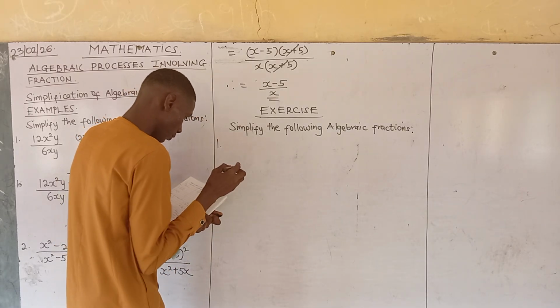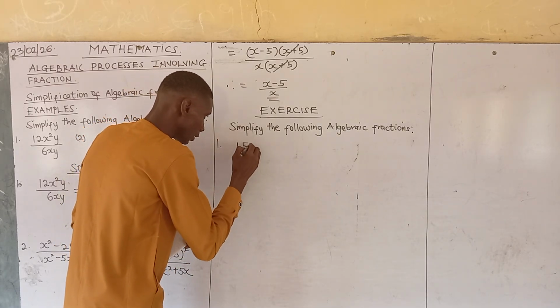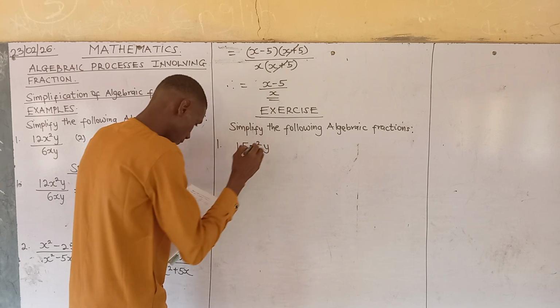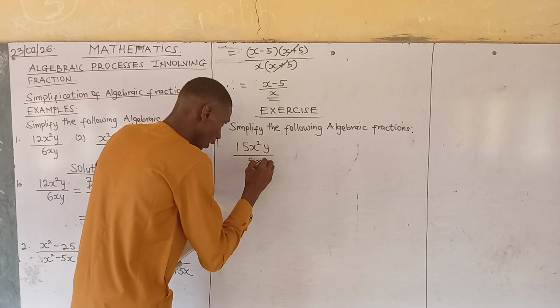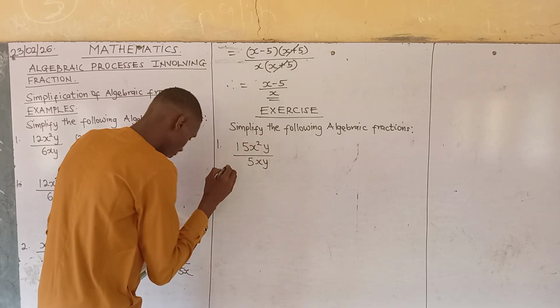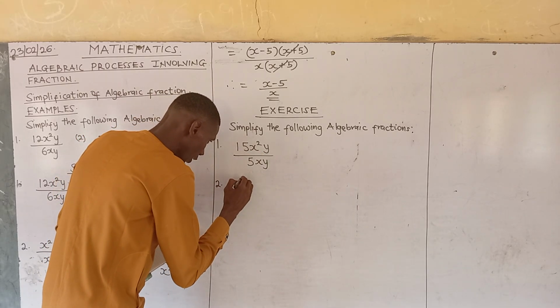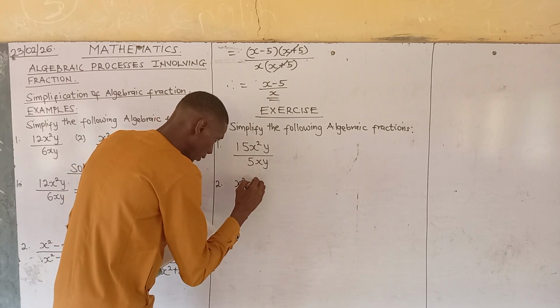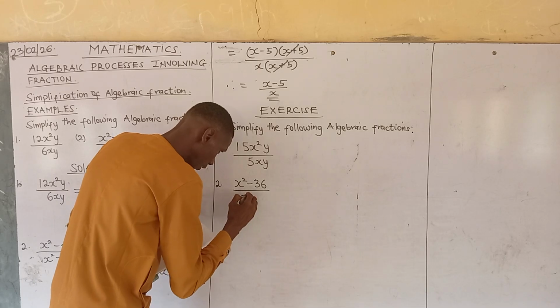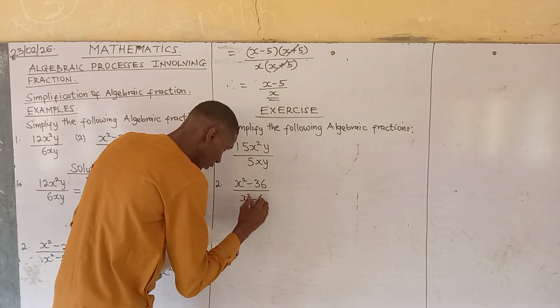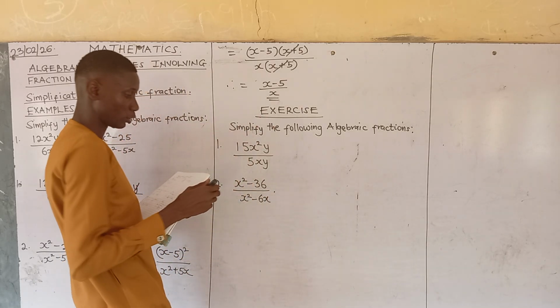Number 1, 15x squared y all over 5xy. Number 2, x squared minus 36 all over x squared minus 6x.